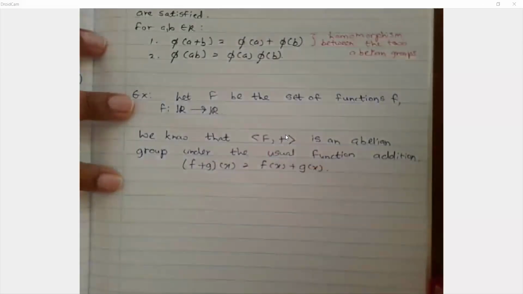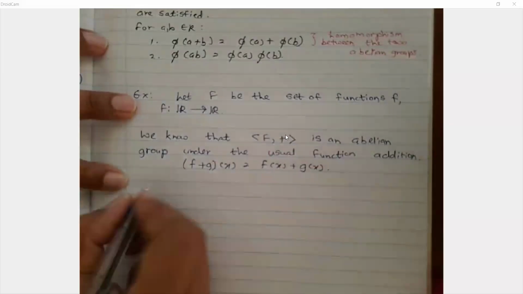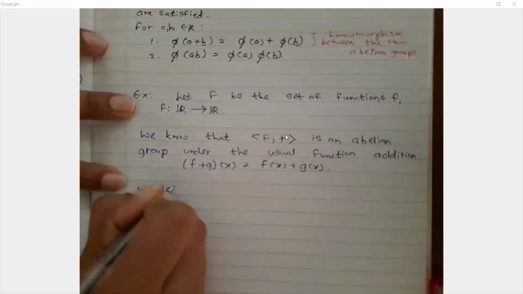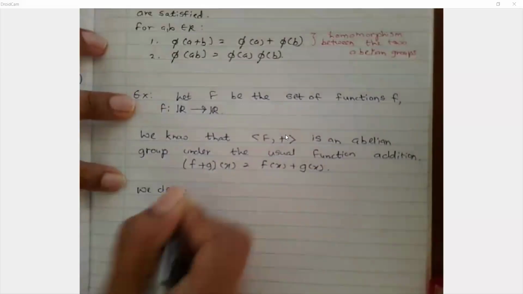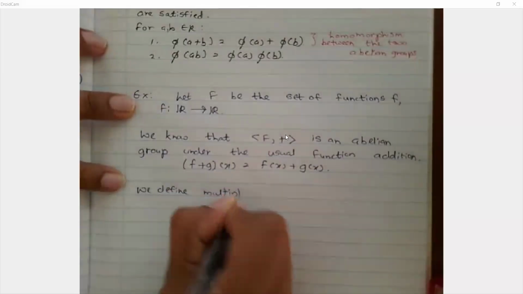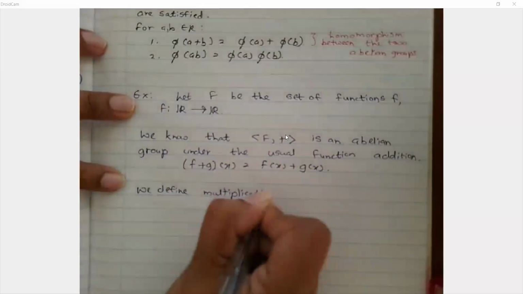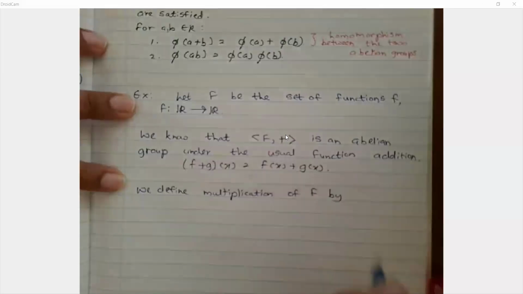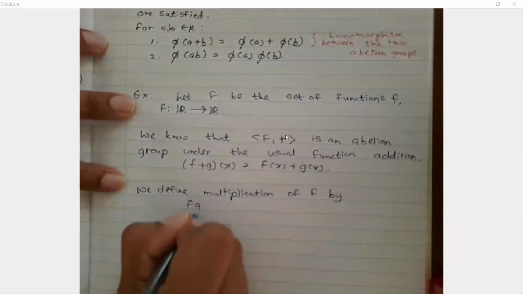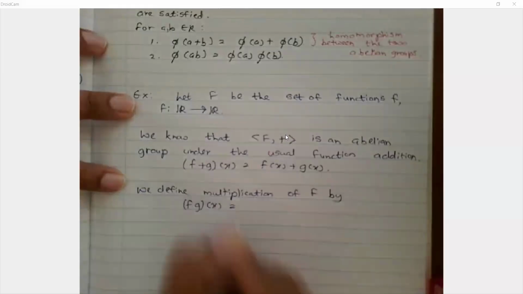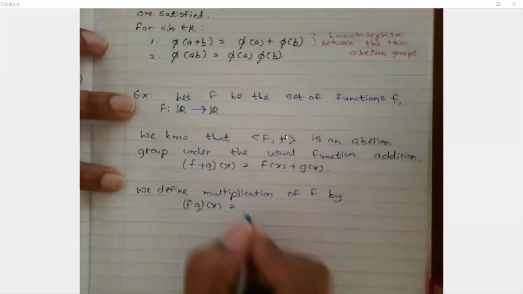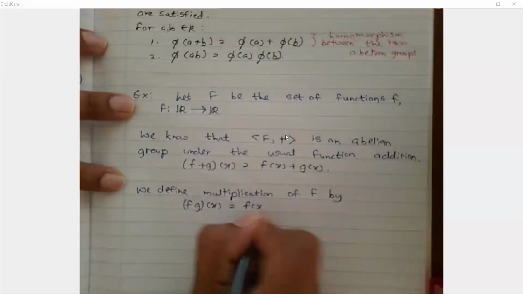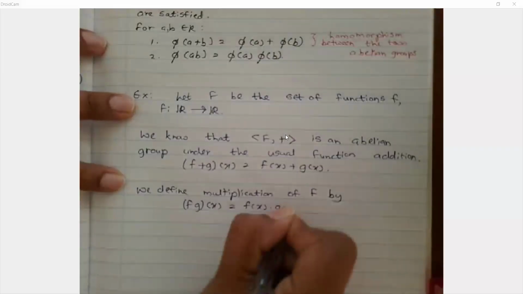Now we define multiplication on F also in a similar way. We define multiplication on F by (f times g)(x), where x is any real number, to be f(x) times g(x).